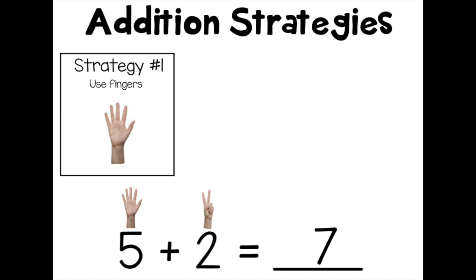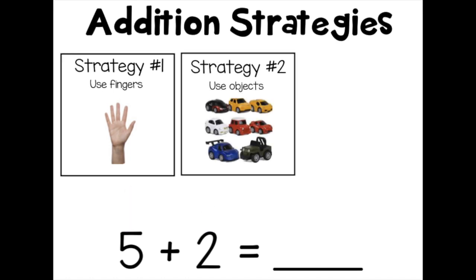The second strategy you can use to solve an addition equation is called use objects. The word object is just a fancy word for thing. So objects could be toys, jewelry, pieces of food, anything that you can hold and that you can count. So in the equation 5 plus 2, the first add-in is 5.